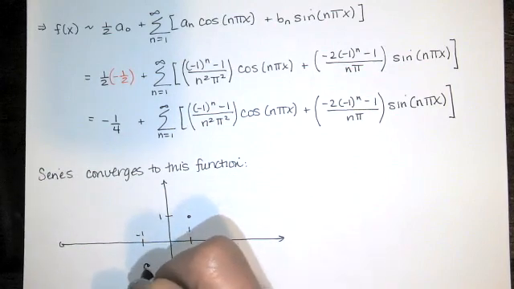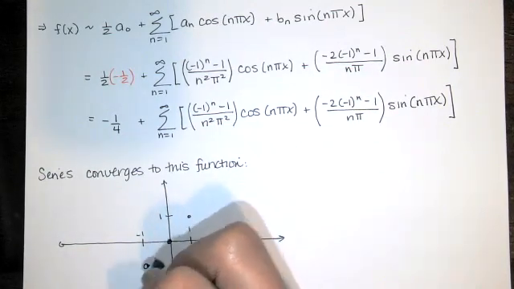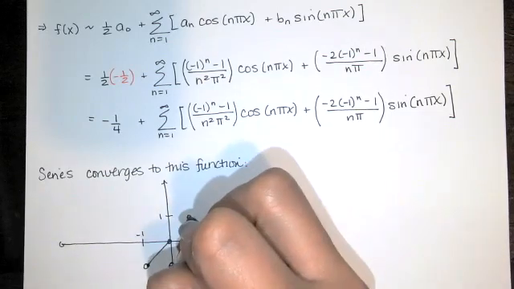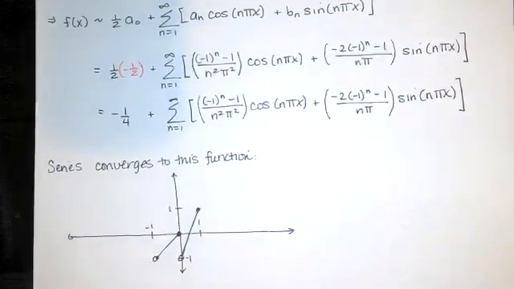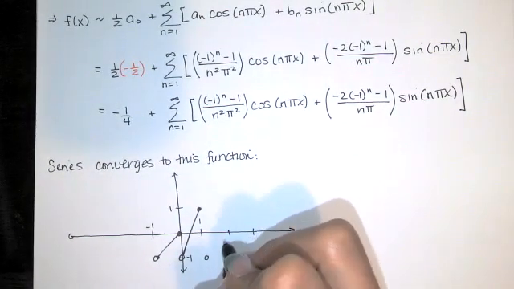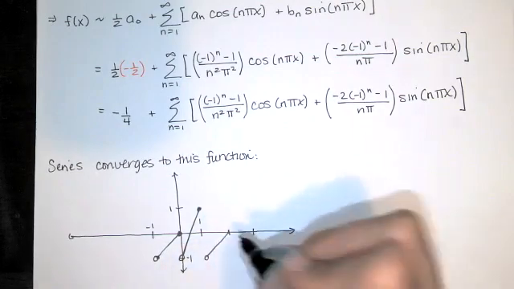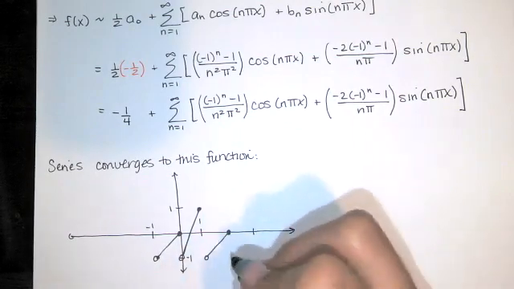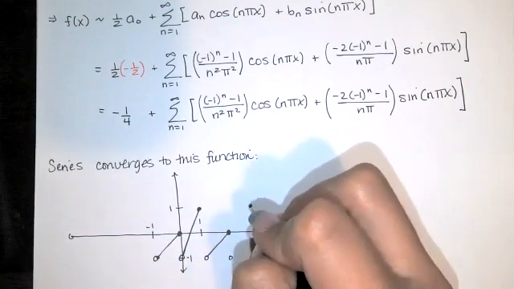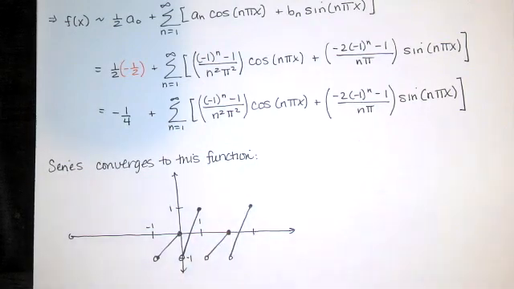So I had an open circle here, and a closed circle there, an open circle there, and a closed circle there. And we'll see that same pattern over here. Or actually, this would be the periodic extension.